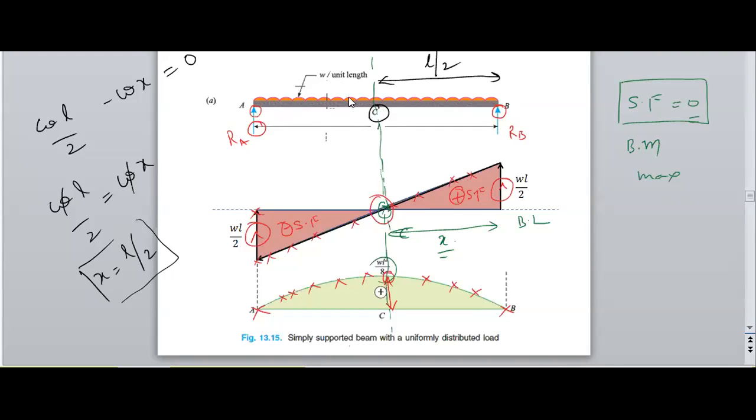After finding the reaction forces, I need to find the shear force variation along the length, and draw the shear force diagram under the beam using a pencil and a scale.